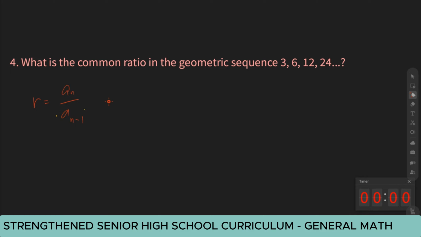So let's have the 6 and 3. The answer is 2. Let's check: 2 times 2 times 2 times 2. Therefore, the common ratio is equal to 2.